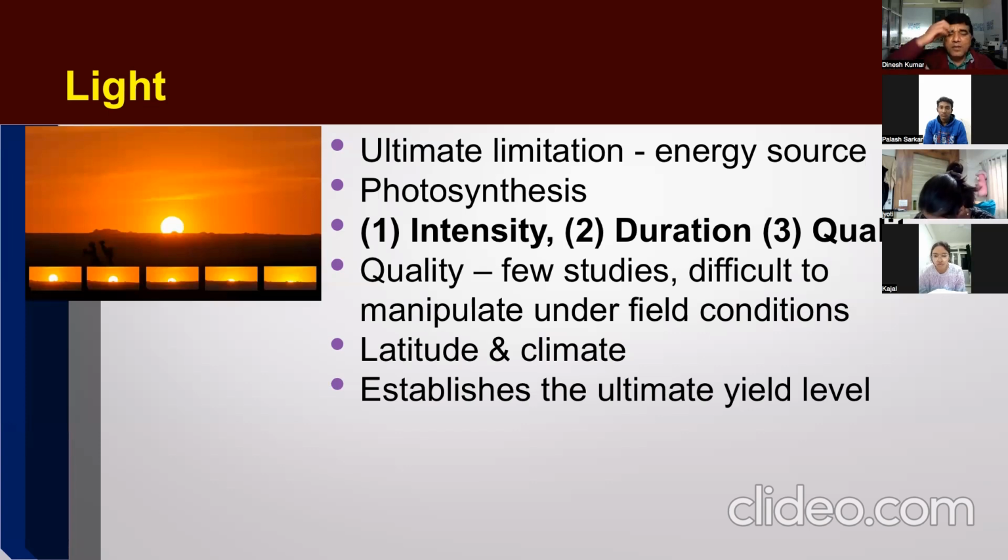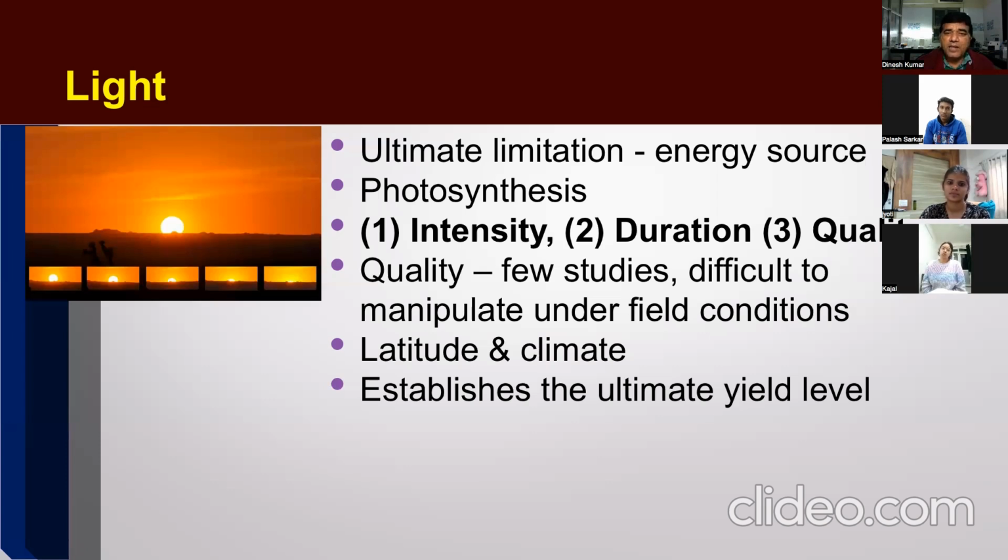So regarding quality, in a few studies people have tried to get photosynthesis done in different colors of light. You have 7 colors of light. They tried to do it in red light, blue light, green light, whatever light, 7 colors you have. And they have found that under certain colors, you get more photosynthesis than other colors. We'll discuss it.